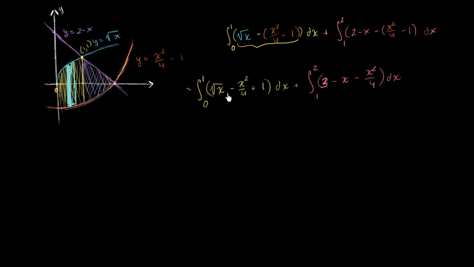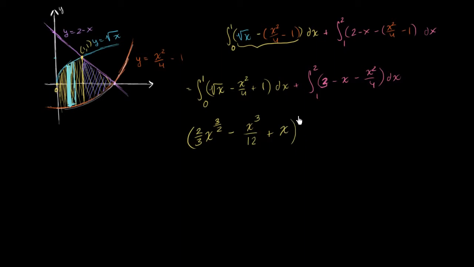Now we just have to take the antiderivative and evaluate it. The antiderivative of square root of x: x to the 1/2, increment the power by 1, you get x to the 3/2, and then multiply by the reciprocal of the new exponent. So it's 2/3 x to the 3/2, minus the antiderivative of x squared over 4, which is x to the 3rd divided by 3 divided by 4, so divided by 12, plus x, the antiderivative of 1.